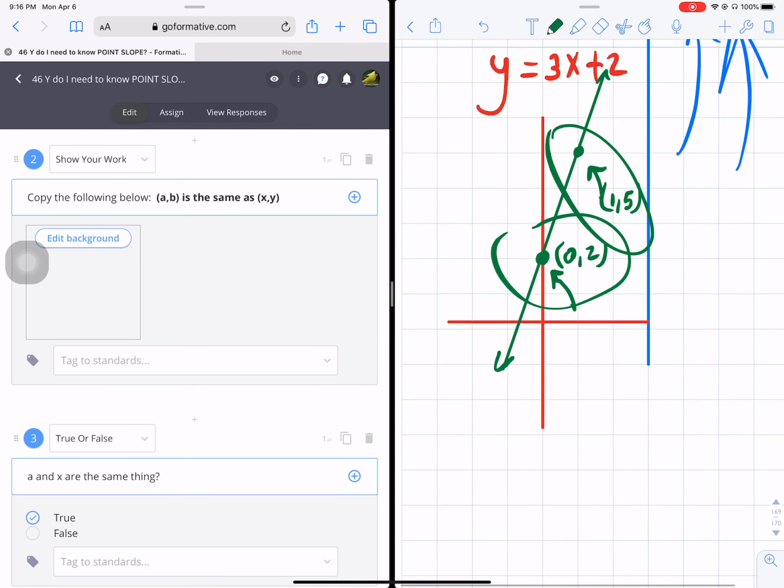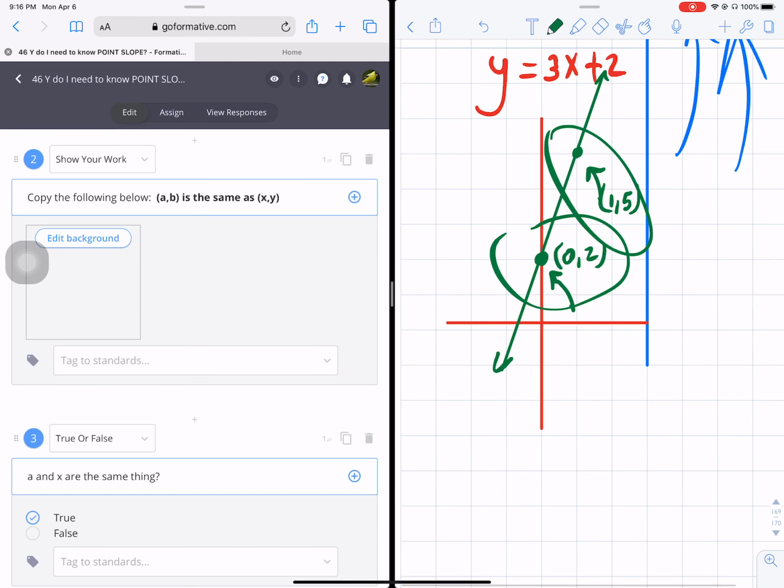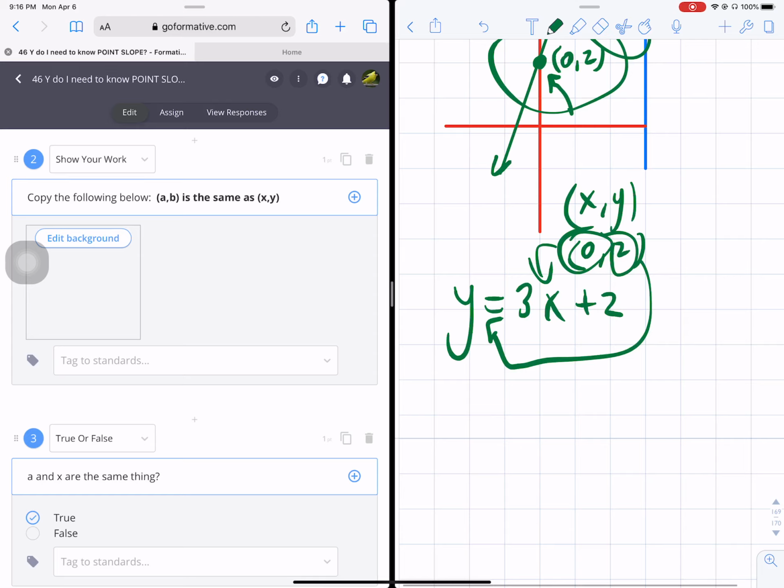So how do you prove they're on there? You can plug them in. If x comma y is the same as 0 comma 2, and the equation is y equals 3x plus 2, I can substitute 0 in for x and 2 in for y. And it would look like this. 2 equals 3 times 0 plus 2.